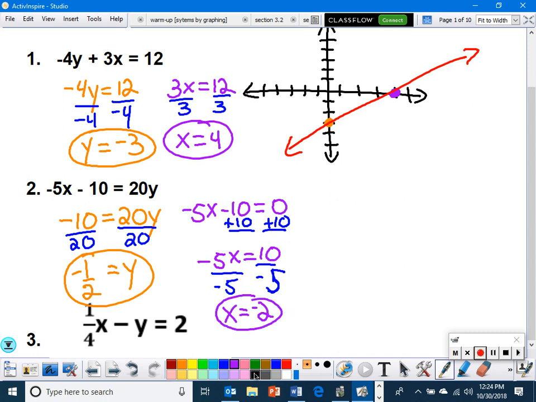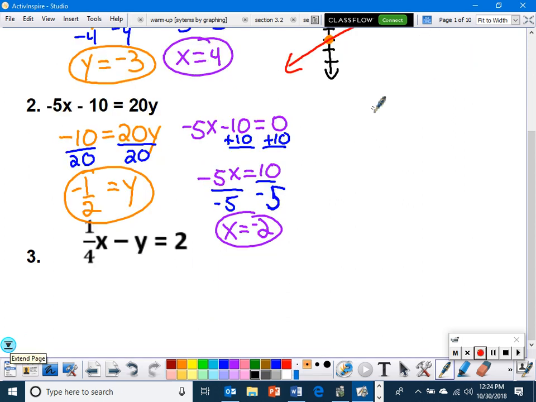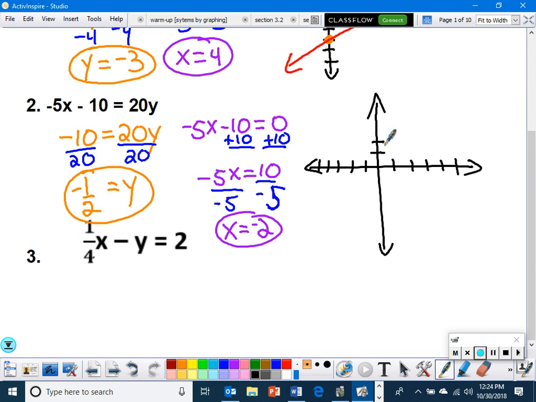All right, we're going to sketch it. My y-intercept is negative 1/2. So that would be between the 0 and the negative 1.